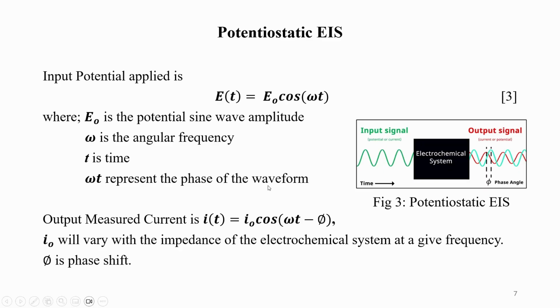The system responds by generating a current output I(t), where I(t) equals I0 cos(omega t minus theta), where theta is the phase shift. The key point is the output current depends on the impedance of the electrochemical system. By analyzing both the magnitude and phase shift of the current, we can extract important information about the system behavior at different frequencies.